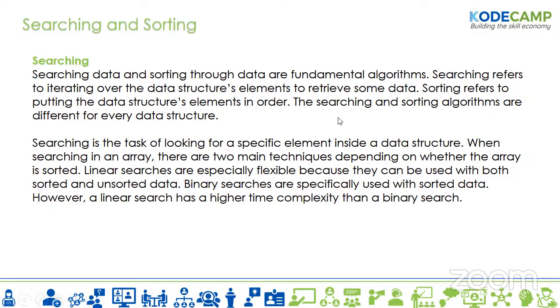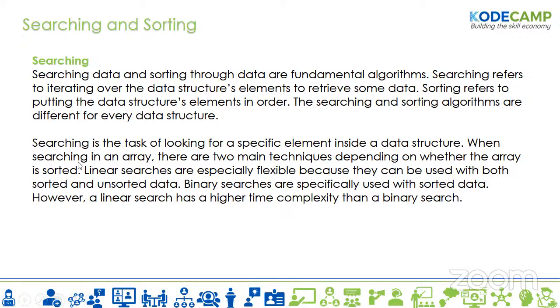The searching and sorting algorithms are different for every data structure. The way you would attend to it in an array may be different from the way you would attend to it in some other data structure, for example, a hash table.